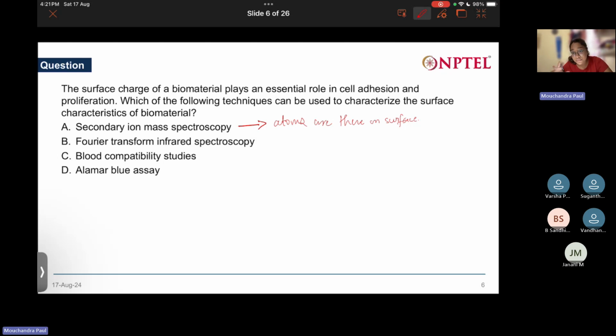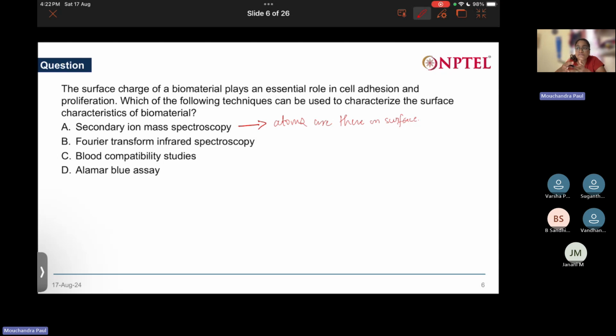I'm not very familiar with the mechanism of the instrument used for this technique, but we use this technique to understand what type of ions and atoms are present on a biomaterial surface. All right. That helps us understand what kind of charge will be there, if it is in charge form, and also what kind of atoms are there.